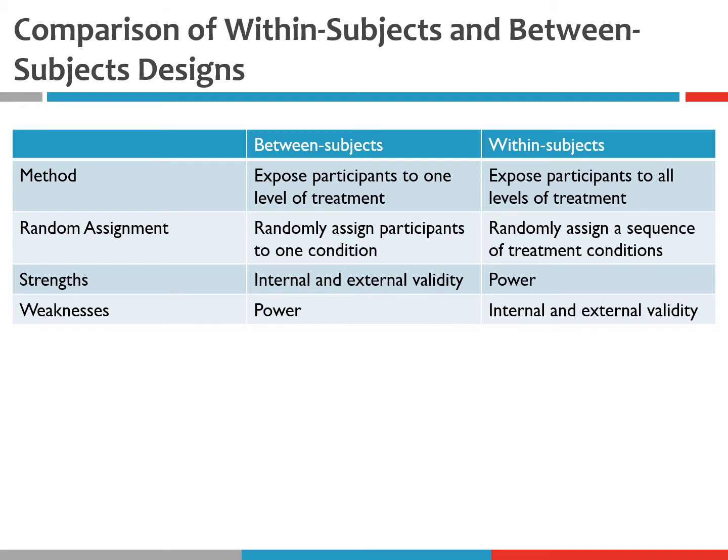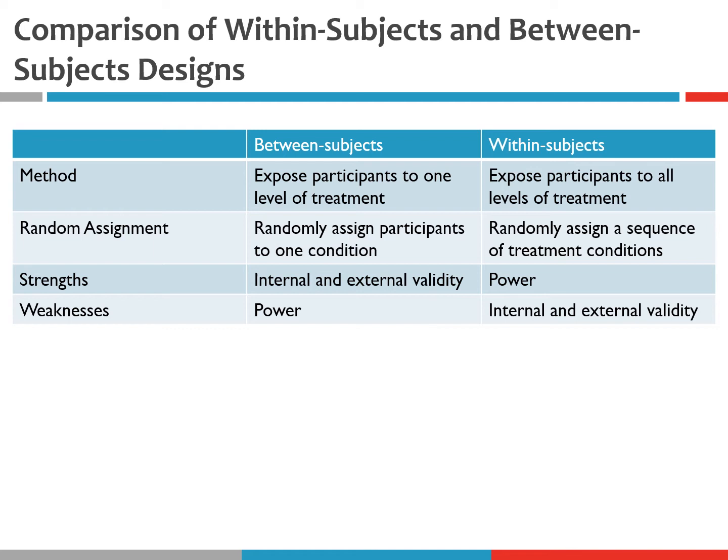Right? So that's history effect, maturation, you have the fatigue factor. People get tired of keep doing the study, especially if the study's long. You have mortality. So you don't have to worry about any of those things if you have between subject design.